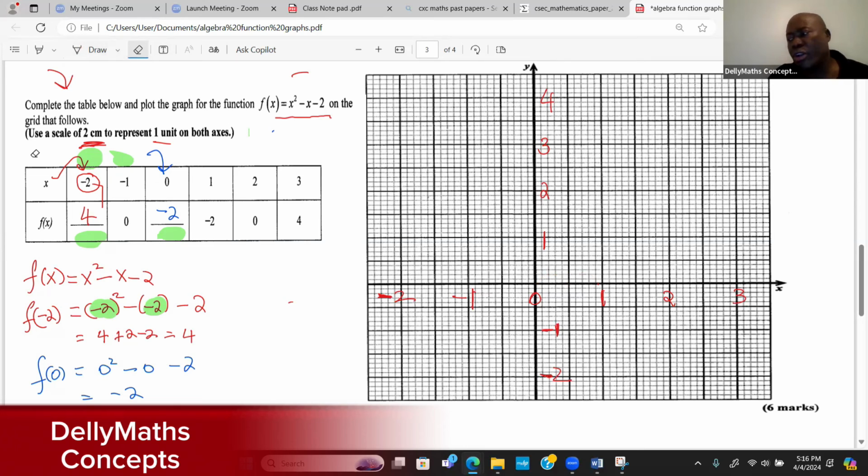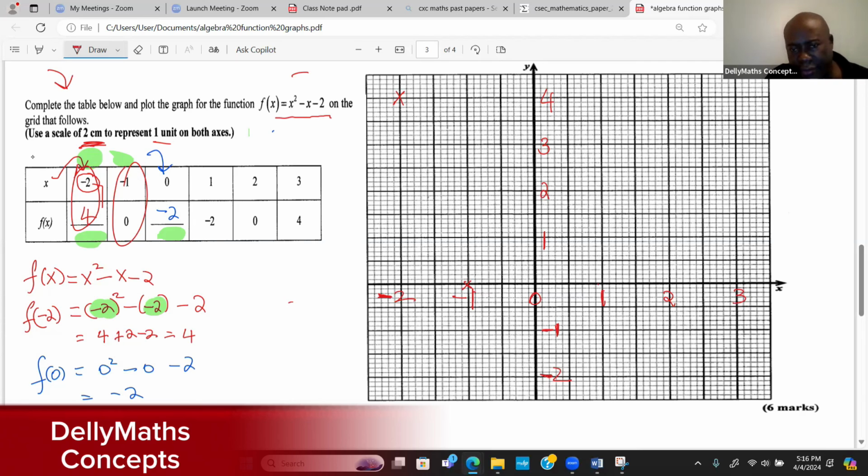Remember, when you're plotting coordinates, you have to plot the x, then the y. The x comes before the y. So -2, 4 here would have been -2. I'm going to follow this, go up to where 4 is, and it is right here. Then -1, 0 is right here.